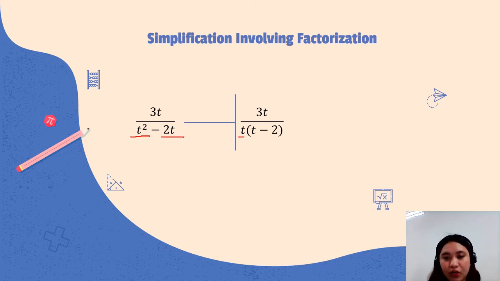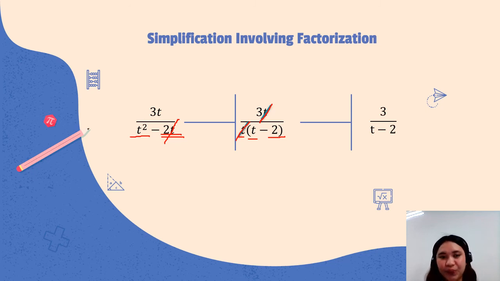Okay, so we have t over, open parenthesis, t squared divided by t is t. Next, 2t divided by t, cancel the variable t, so the remaining answer is 2. Next, we can cancel the numerator t and the denominator t. So write the remaining numbers. We have 3 over t minus 2.